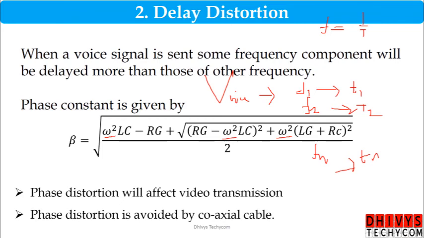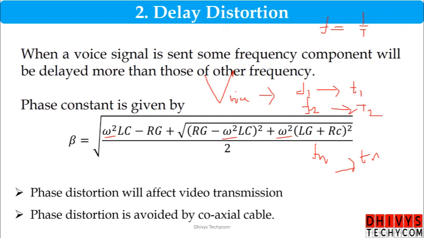That is one major example of delay. The solution given for video transmission to overcome this delay distortion is coaxial cables. But to my point, that is not a feasible solution. If you see a live match happening in Bangladesh, I cannot just relay it live with coaxial cables, so that is not a feasible solution.